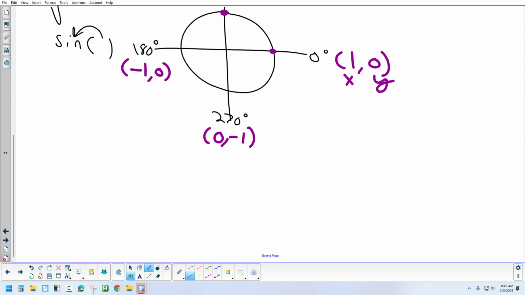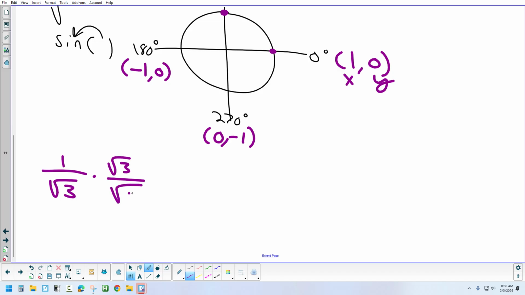So if we ended up with something like that, is that answer okay to leave as the final answer? No, because we have a square root in the bottom, so we always have to fix having square roots in the bottom. We do that by multiplying, and what would we multiply by top and bottom to fix that? Square root of 3.